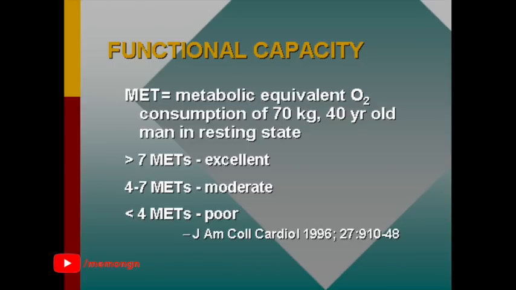If he has a MET of 7, he is excellent. If it is 4 to 7, it's a moderate physical power. And if it is less than 4 MET, his functional capacity is poor to withstand the anesthesia and maybe surgery.